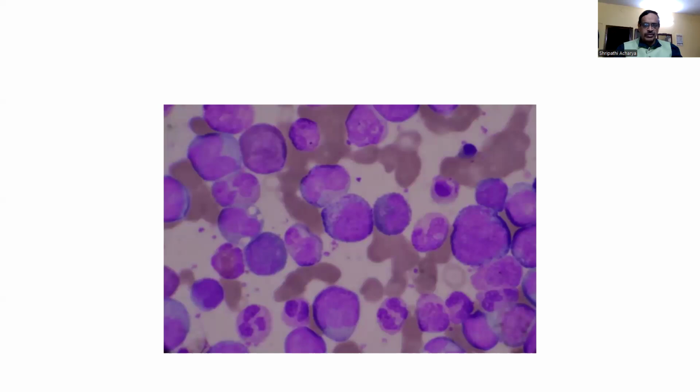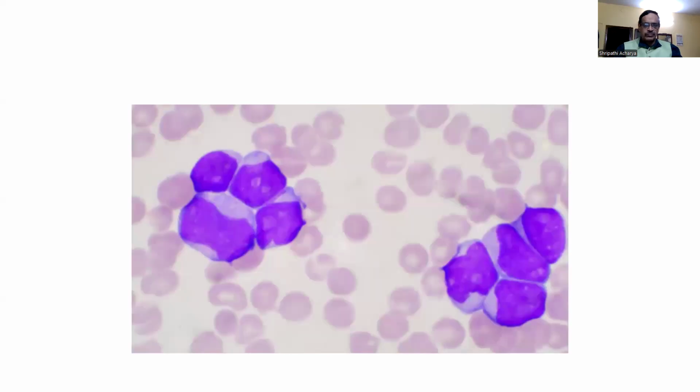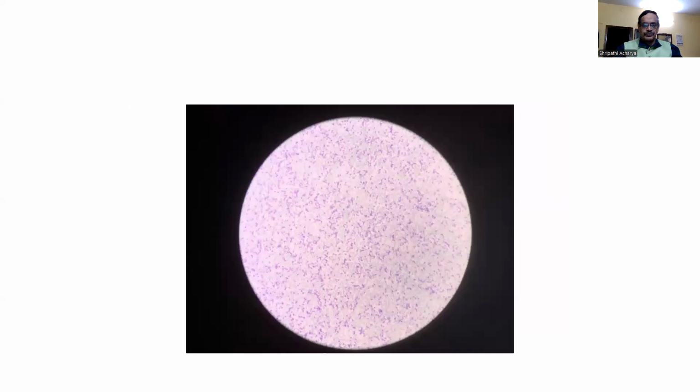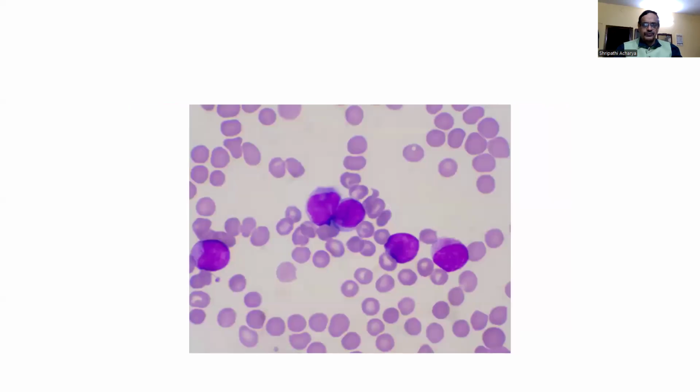Can see the immature cells. Leukemia subtypes. Depending upon the histological study, we can classify or differentially diagnose the case of leukemia.